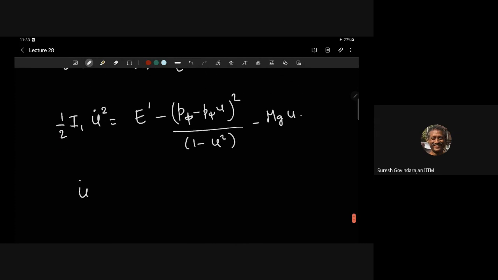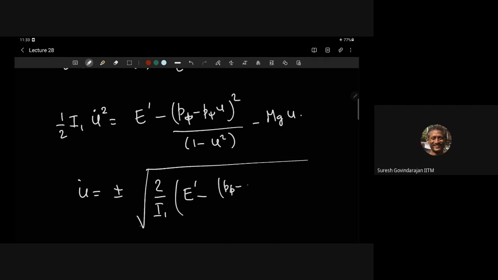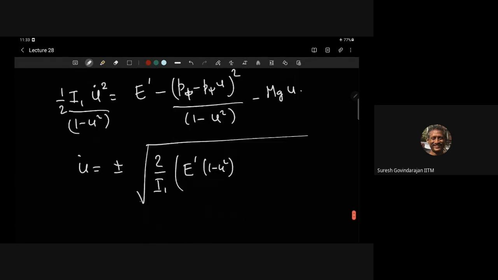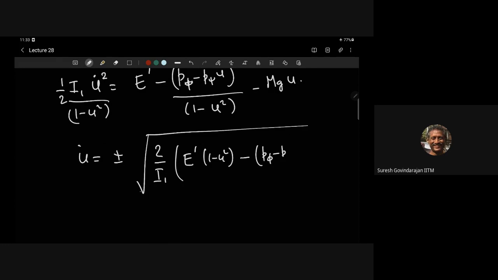So u dot will be plus or minus square root of the expression.